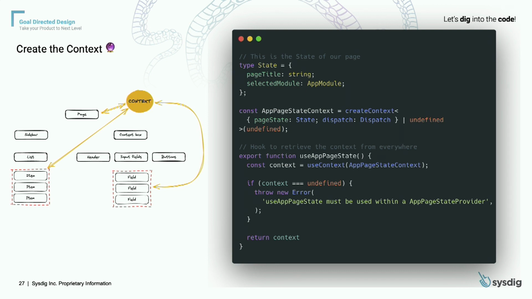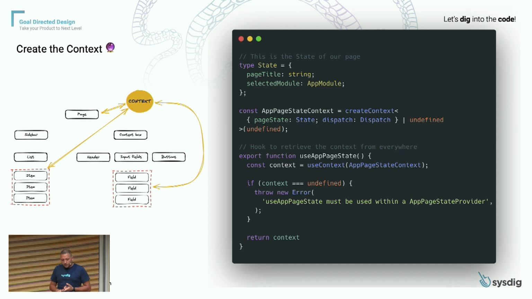So we create the context using the createContext function that is provided by React itself, so you don't have to install anything. And then we said that we use hooks to implement this pattern, and we'll see why. But first of all, we create this hook, which is called usePageState. And thanks to this hook, the components that need to access such data will be able to do that.